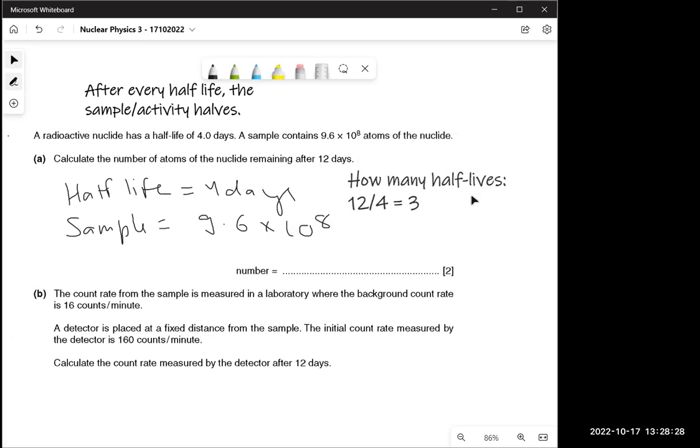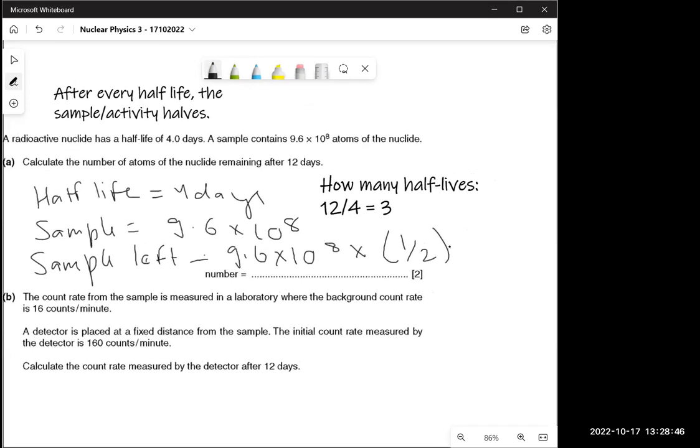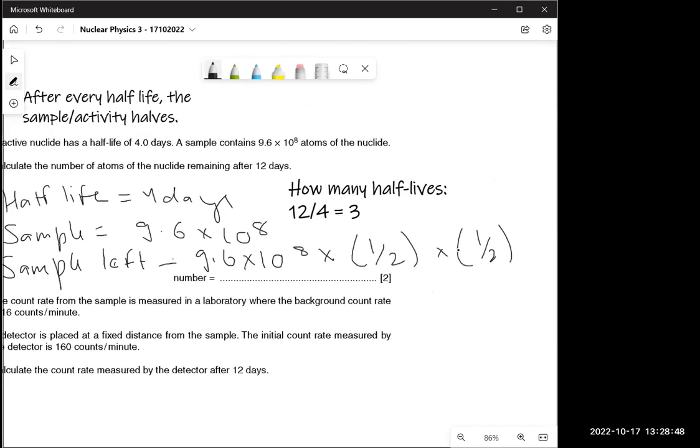So 3 times, it must halve 3 times. So the sample left is going to be 9.6 × 10^8 × 1/2 × 1/2 × 1/2.